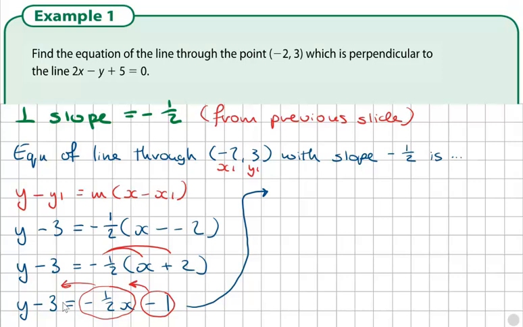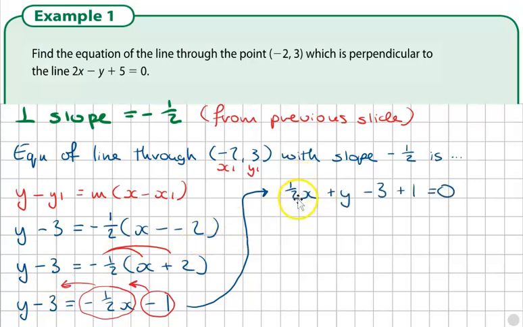Now I'm going to bring everything over to the left-hand side because I'm going to put my line in this form. 2x minus y plus 5 is equal to 0 was the original line. So we had x, y, constant equals 0. I'm just going to write it in that format as well. So the minus a half x will come over and become positive a half x, and the minus 1 will come over and become positive 1.